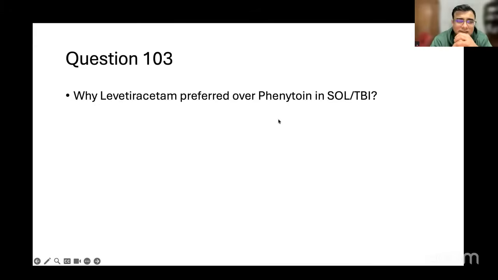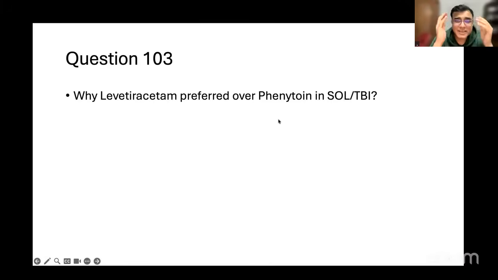Why is levetiracetam preferred over phenytoin in TBI or SOL, space occupying lesion or TBI? I'm not sure what they had given in the question, but this is something somebody had recalled. So phenytoin interacts with the enzymes. It has multiple drug-drug interactions. Levetiracetam is not an enzyme inducer, so it does not have the drug-drug interactions.